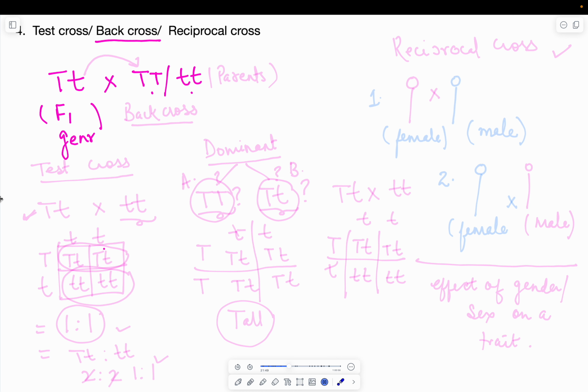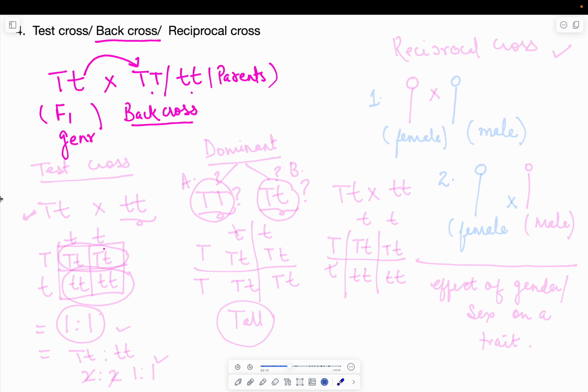So this type of cross is known as a back cross, right? So these two individuals are the parents. So you are going back and crossing the individual with any of the parents, that is the back cross.